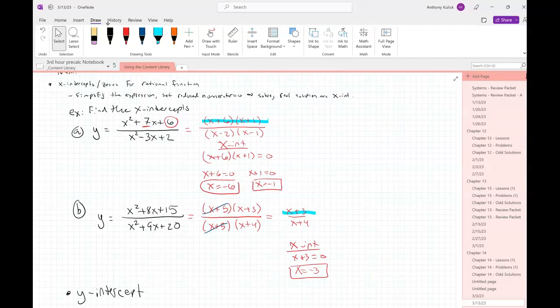No, right? What could happen? The denominator 0. Okay, so there's two situations where you could end up with no x-intercepts.